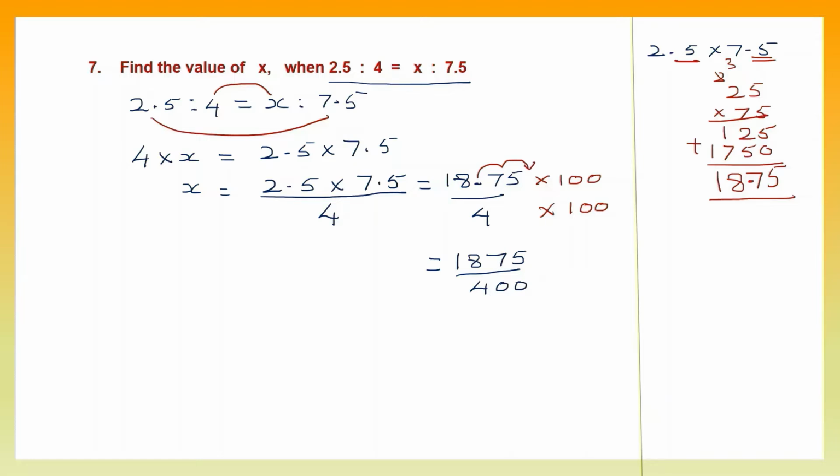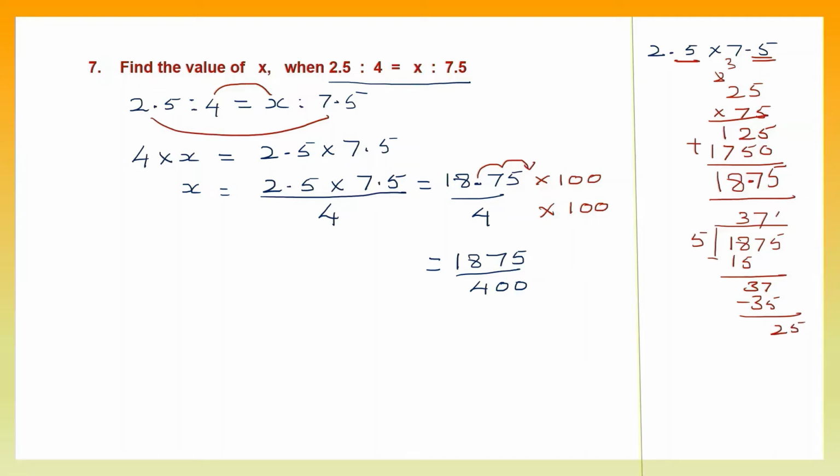Now let's see if we can cancel this. We can reduce this to the lowest term by dividing both by 5. Okay, so let's divide it by 5 and see. We'll divide 1875 by 5. 5 3s are 15 minus, 37. 5 7s are 35 minus, 25 we get.